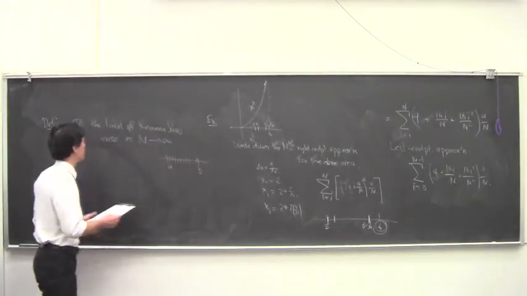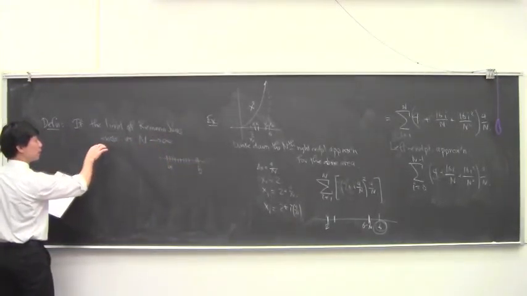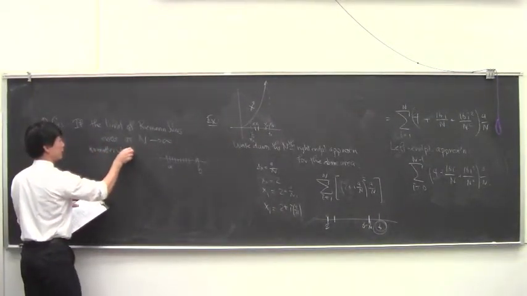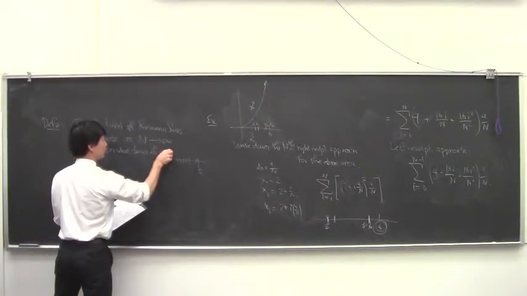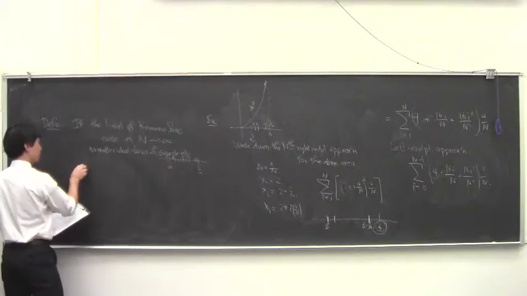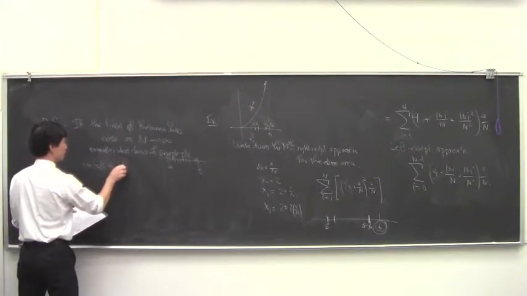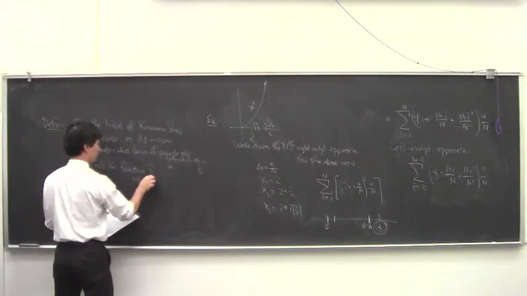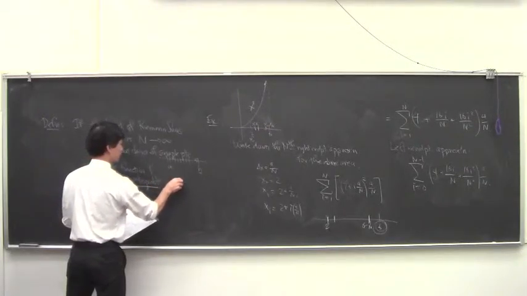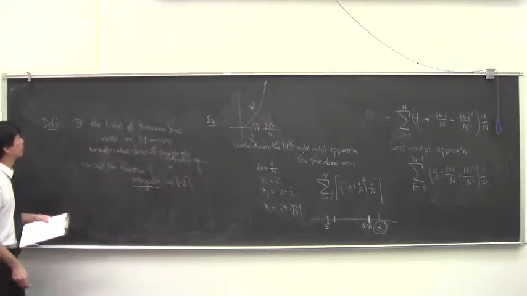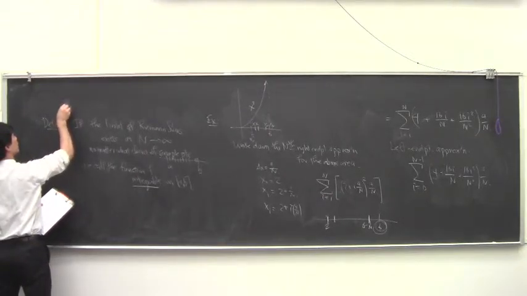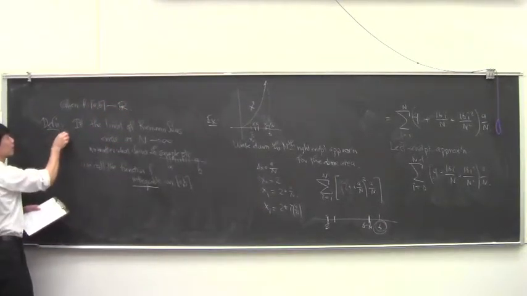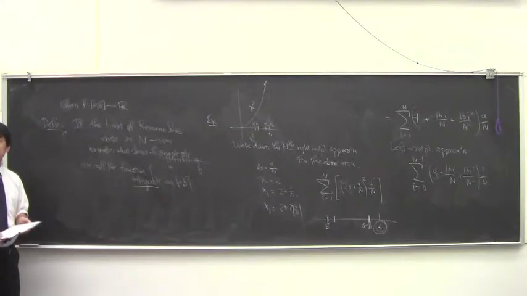If that limit exists, no matter what choice of sample points, then we call the function f integrable on [a, b]. So you start off with some function f on [a, b].